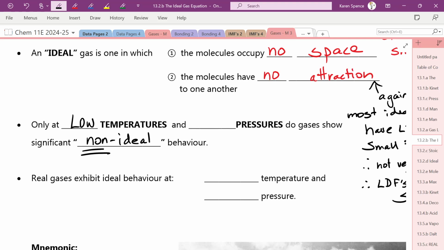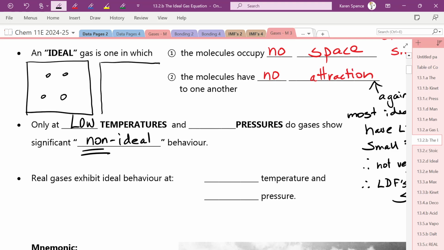Also, if the space is smaller, proportionally, the molecules will take up a larger percentage of the space. So you can't say, oh, they take up no space. If we had a larger volume and we had 1, 2, 3, 4 molecules, we could shove those molecules down in one corner to see how much proportion of the space they take up.